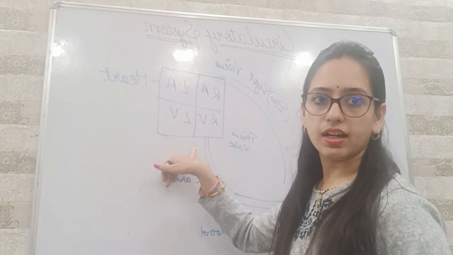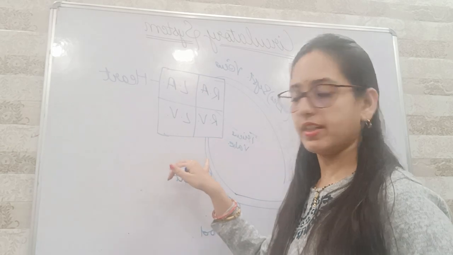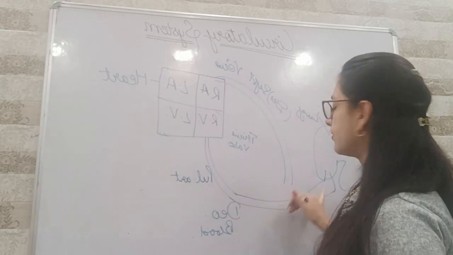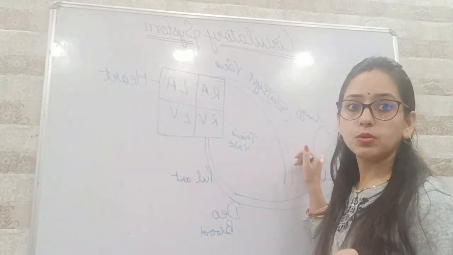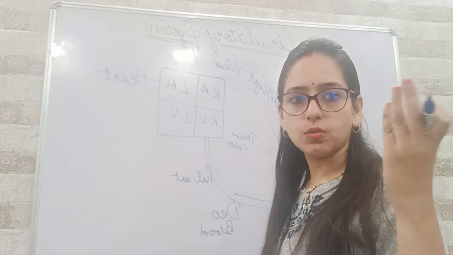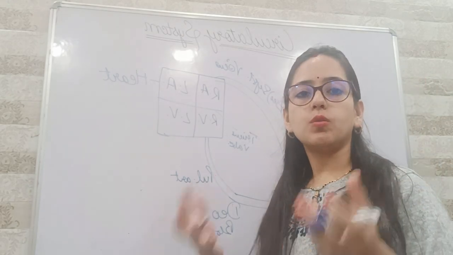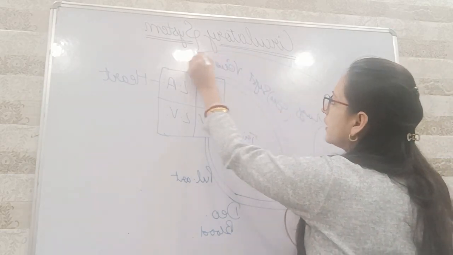The pulmonary artery brings the deoxygenated blood from the right ventricle to the lungs. Then in the lungs, the CO2 is passed out through our nose to the outside, and the O2 which the alveoli have, they give it to the pulmonary vein.